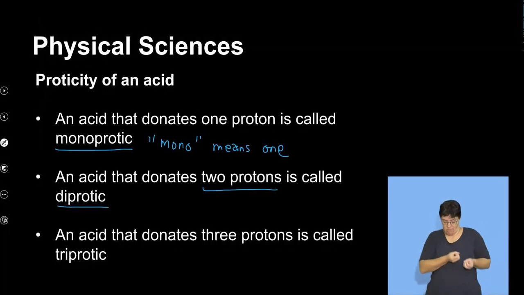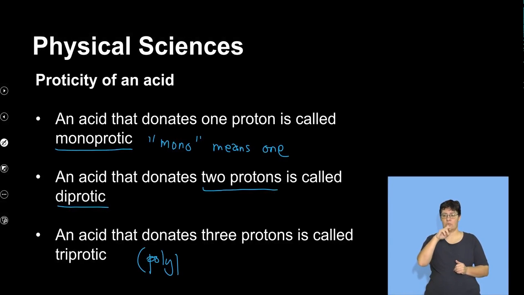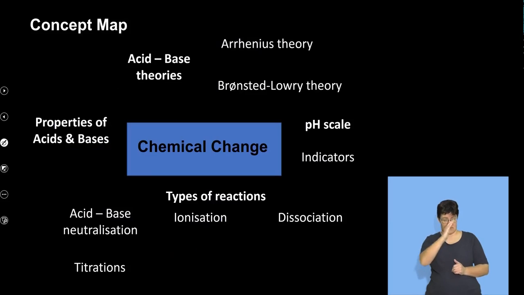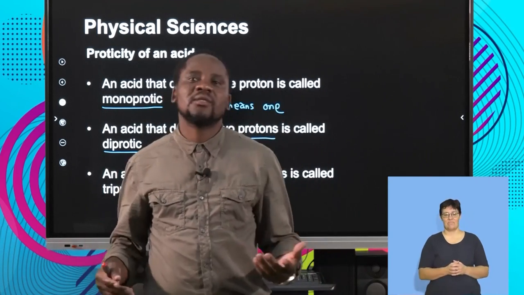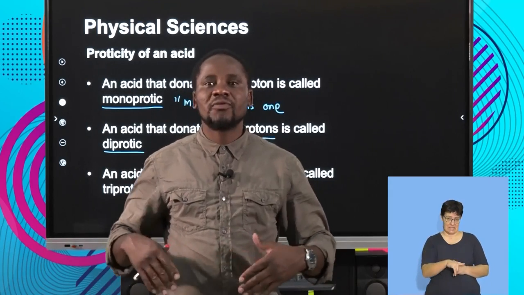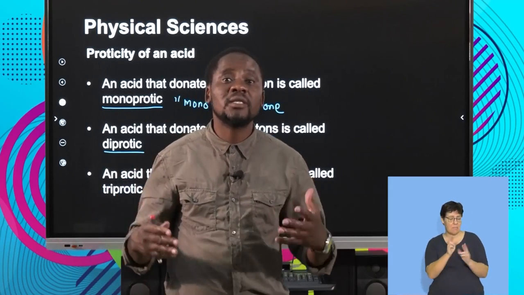An acid that donates 3 is triprotic. Anything that's more than 1 is polyprotic. Just take note of that. So that's as far as the proticity of an acid and some of the reactions in terms of conjugate acid-base pairs.